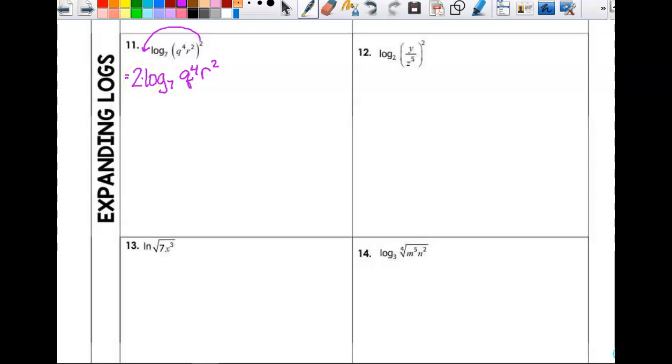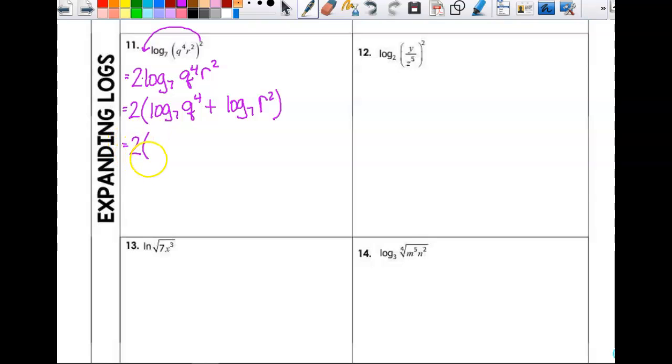Okay. So now we can split them up, but we have a 2 out here, so we got to have parentheses when we do this. So this is going to have to be 2 times, and then I can split them up, log base 7 of q to the 4th plus log base 7 of r squared. Do we understand why we needed parentheses there? Put a number out front. Now I need to bring my exponents down inside the parentheses.